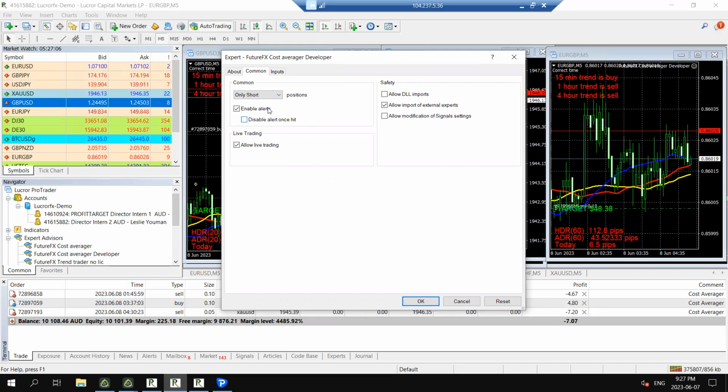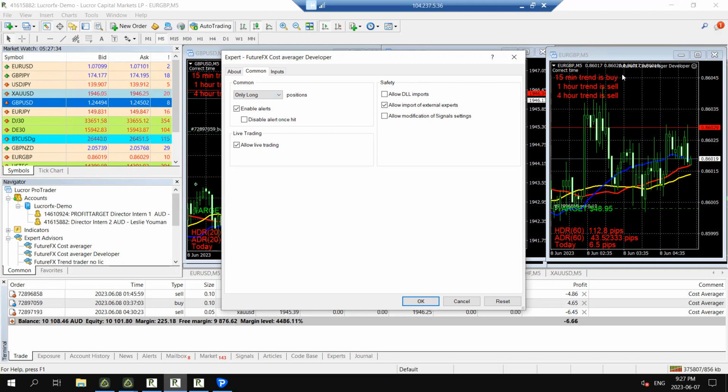You might just want to set this, because it's getting close to support, you don't want it to be doing too many sell orders, because you think the market's likely to bounce and start going up. But the software is not going to do buys because all the trends are still lined up as sell, but you might feel that the sell trend isn't going to last much longer. So you could come in here and set it to longs only.